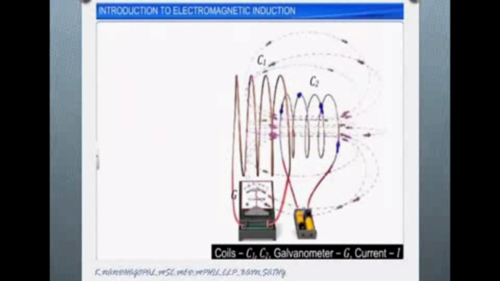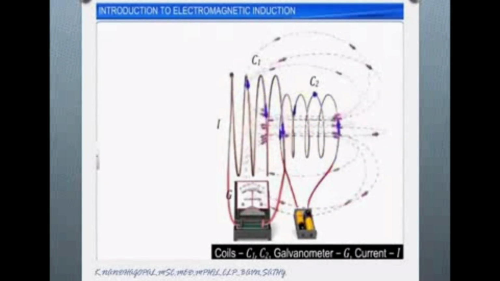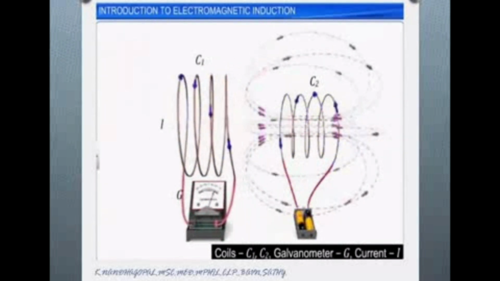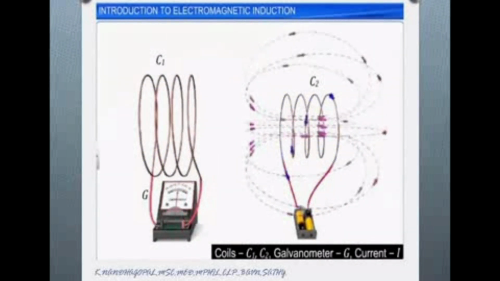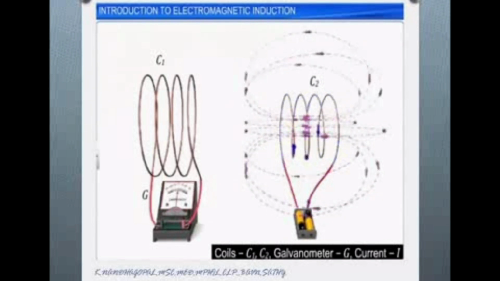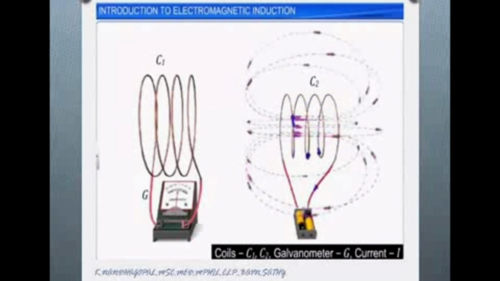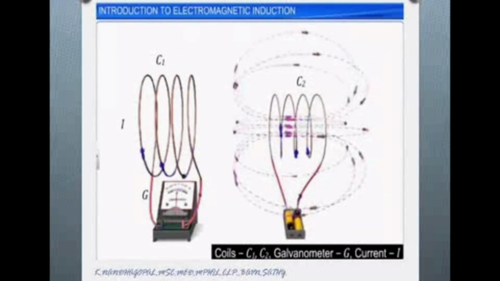When you move away from the coil, again it shows the deflection in the opposite direction. Finally it comes to rest at zero. Whenever the magnetic flux is cut by the coil, EMF is induced. When the two coils are separated or at rest, no EMF is induced in the coil.